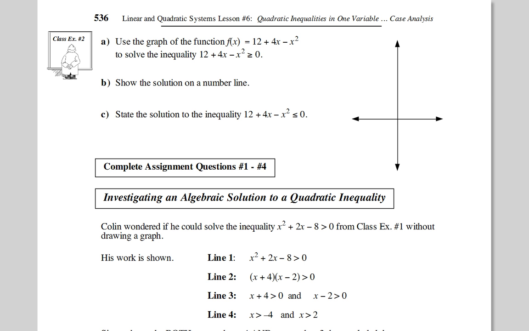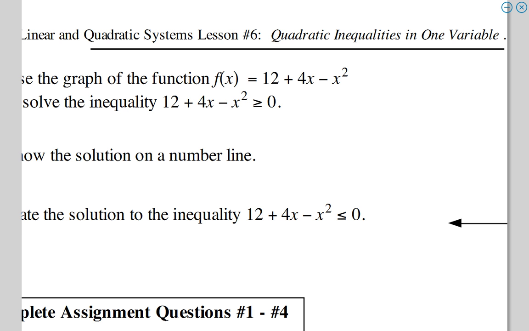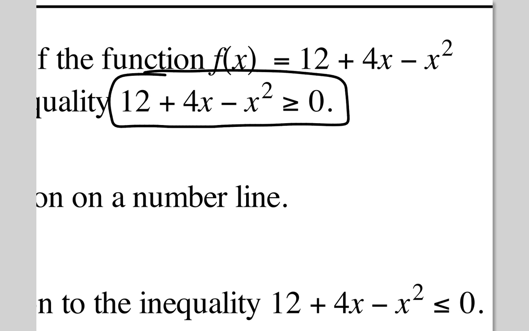Okay, so this one, they're not going to give us anything for free. You're looking at this equation and you're like, oh my gosh, what do I do? So what does this say? It says, where is the curve greater than or equal to 0?